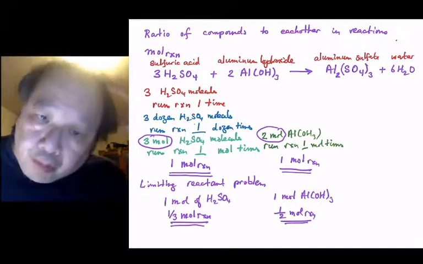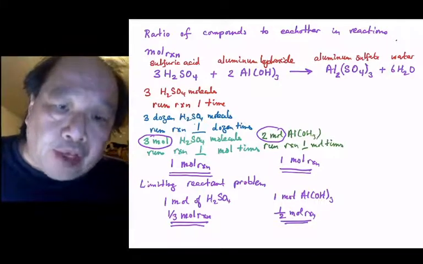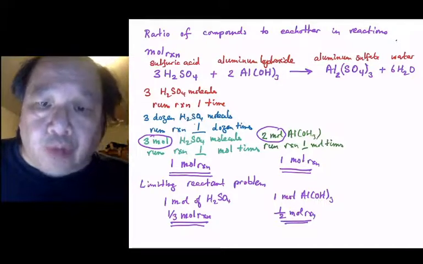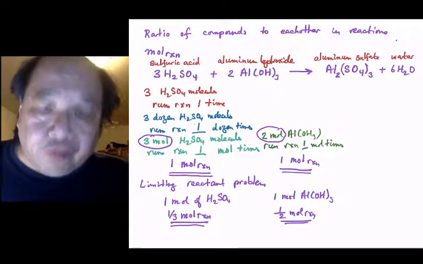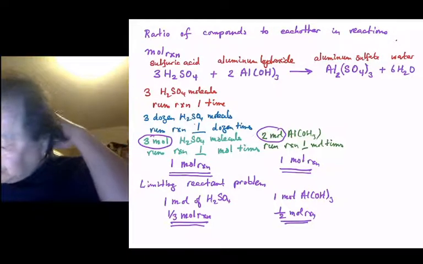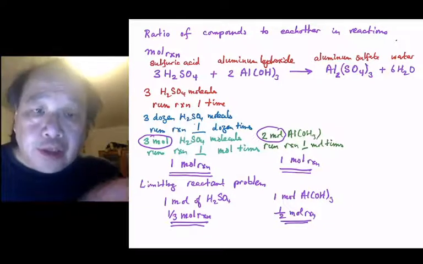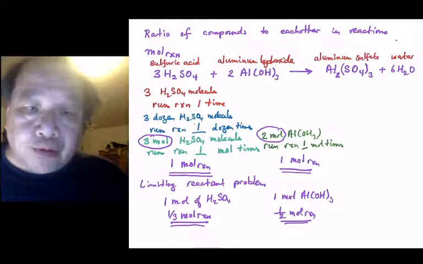And if we had 1 mole of each, which compound would I run out of first? If I had 1 mole of H2SO4 and 1 mole of AlOH3, which compound would I run out of first? Put it in chat, please. And look at the number of mole reactions, because mole reactions is the number of times you can run the reaction.